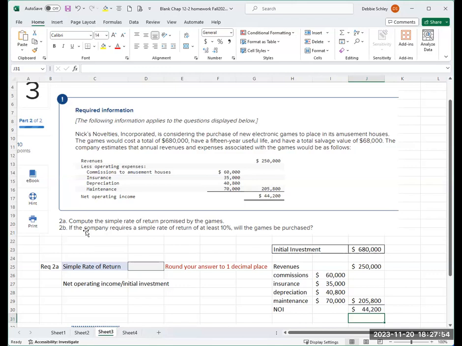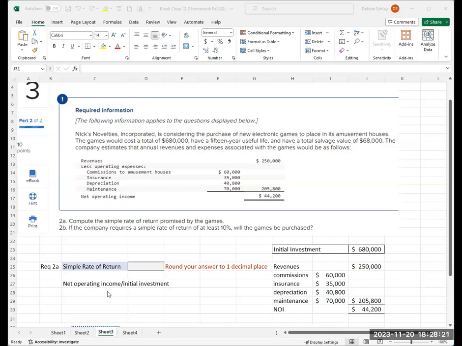So now they want to know what is the simple rate of return promised by the games. And so now this is something where they're just sheerly looking at things from an accounting standpoint, not actual cash inflows. So simple rate of return, we will leave depreciation as a part of this.